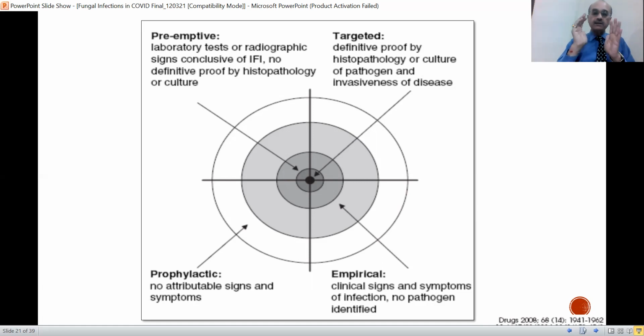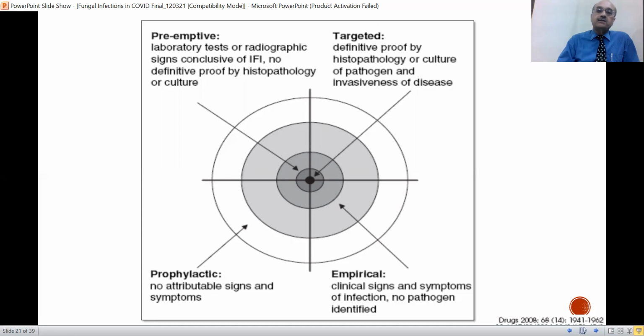It is predominantly the empirical and the preemptive types of patients in whom we have to take a decision based on clinical suspicion, radiological findings, and the presence of certain biomarkers like galactomannan and beta-D-glucan, and then start the antifungal therapy rather than waiting for the full biopsy to be taken, which is not possible in most of these critically ill patients.